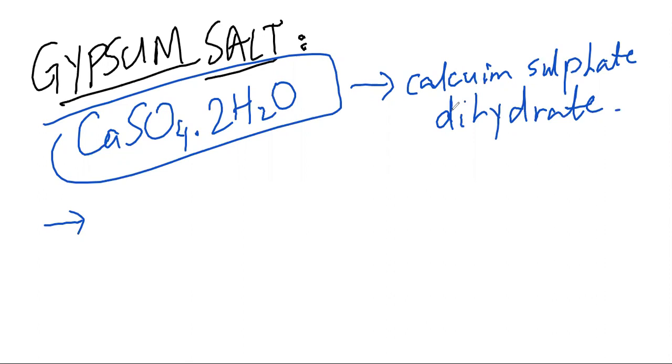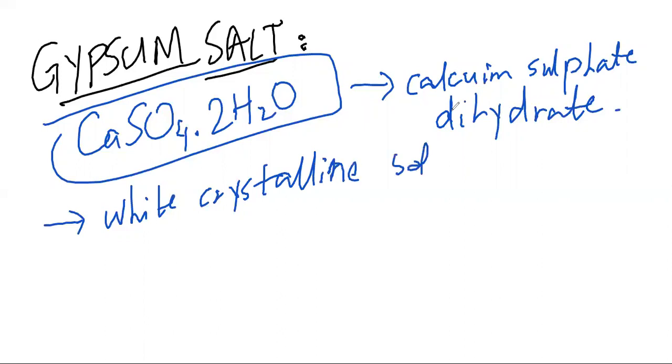Its properties are it is also a white crystalline solid. What is a crystalline solid? A crystalline solid is a solid which is very strong. We have studied about the crystalline solid and the amorphous solid. They have fixed structures. Okay.